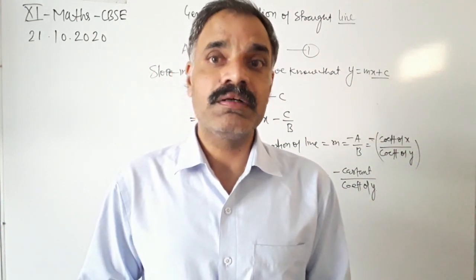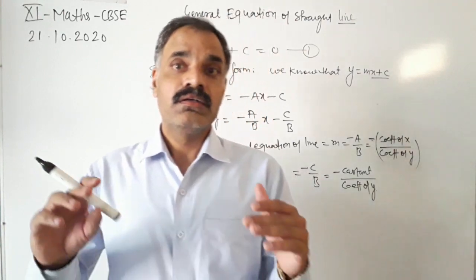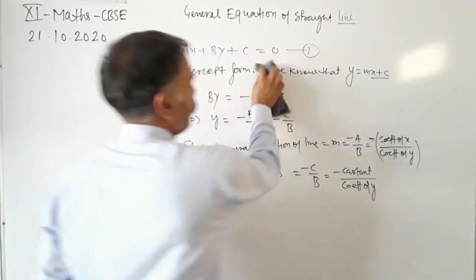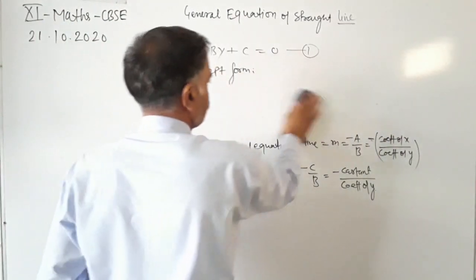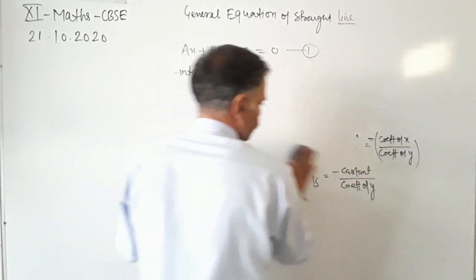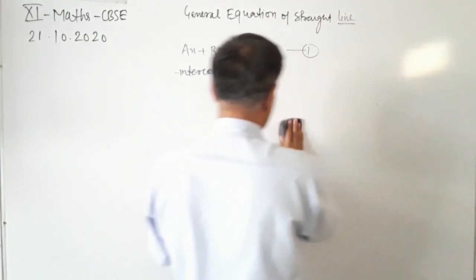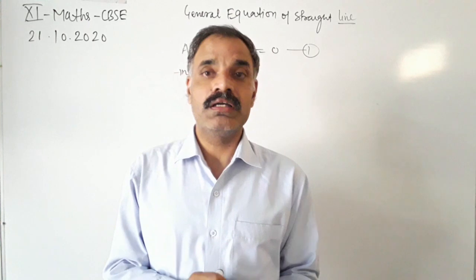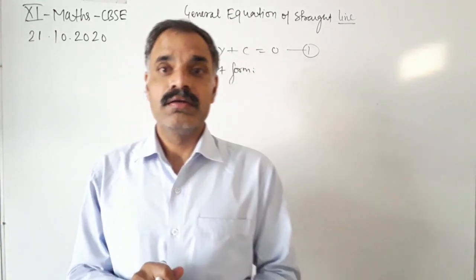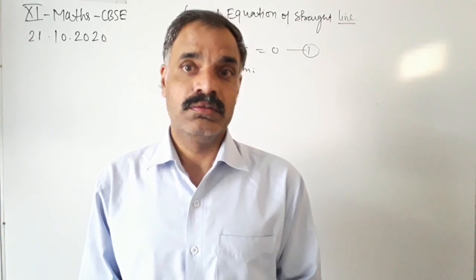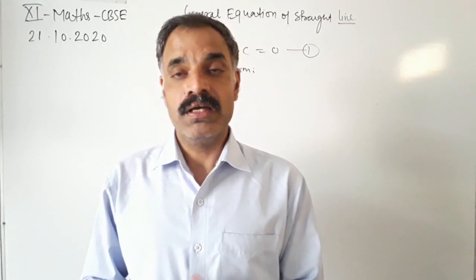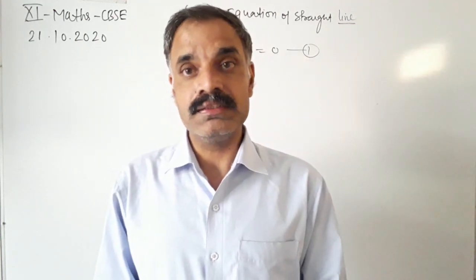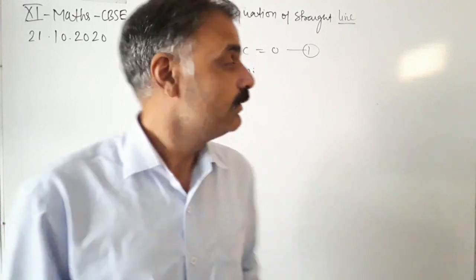Now we will convert the given general equation of the line into intercept form. Students, we know that the intercept form of the equation of the line is x upon a plus y upon b equals 1, where a is the intercept on the x-axis and b is the intercept on the y-axis.